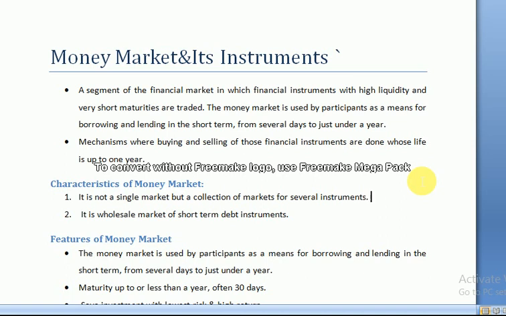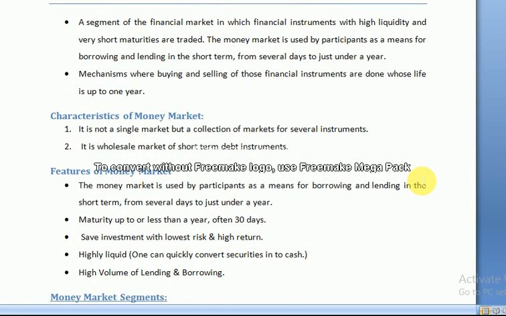So this was the characteristics of the money markets. Now we are moving towards the features of the money market. So features of the money market, dear students: this market is purely for short-term funds, or short-term financial assets, that is also called near money.